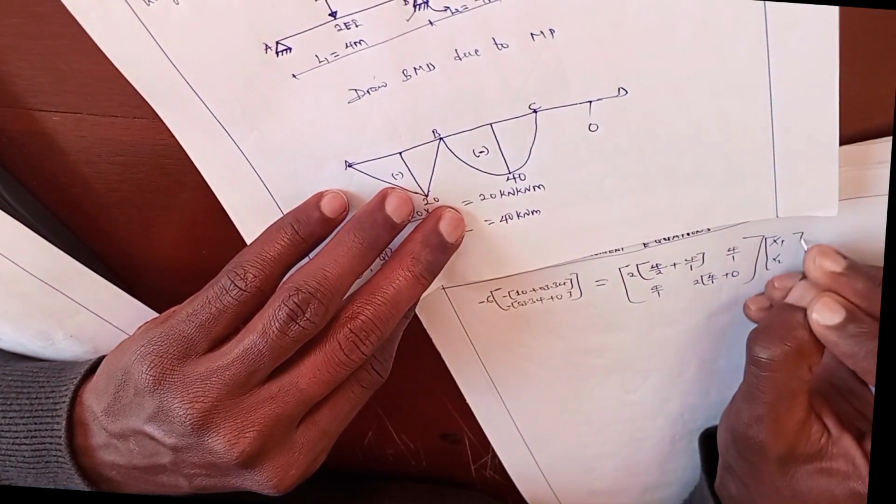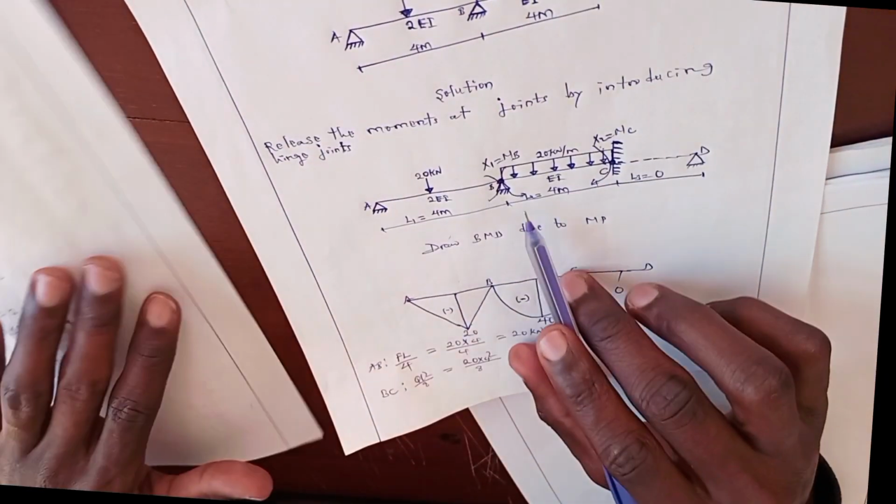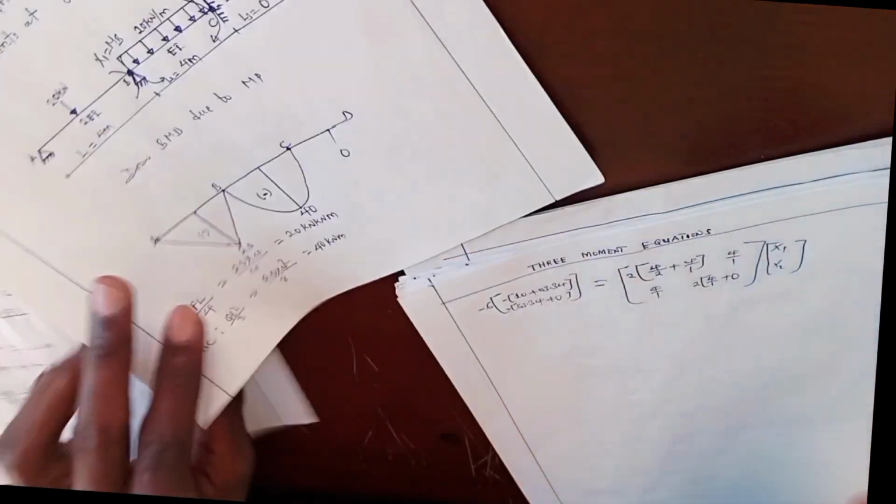These are the unknown or released moments at joint B and joint C.